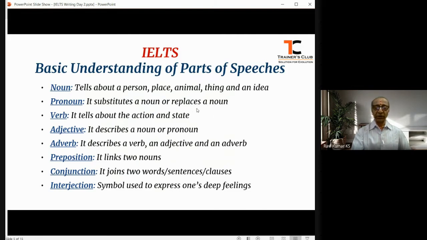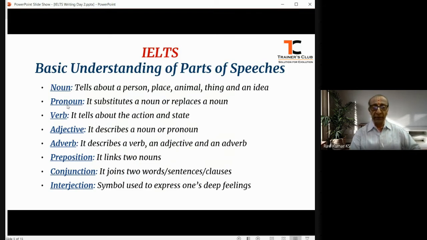Pronoun substitutes a noun. Verb tells about the action and the state. Here the state means the state of the action, whether it has already happened, or is still happening, or is going to happen. So that's where the tenses come into play.